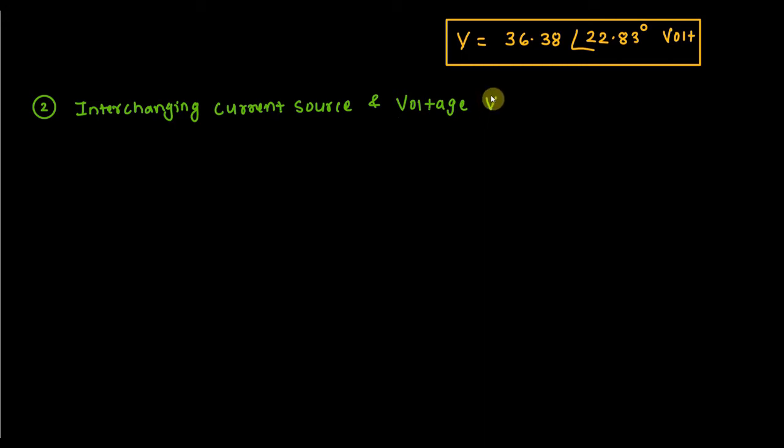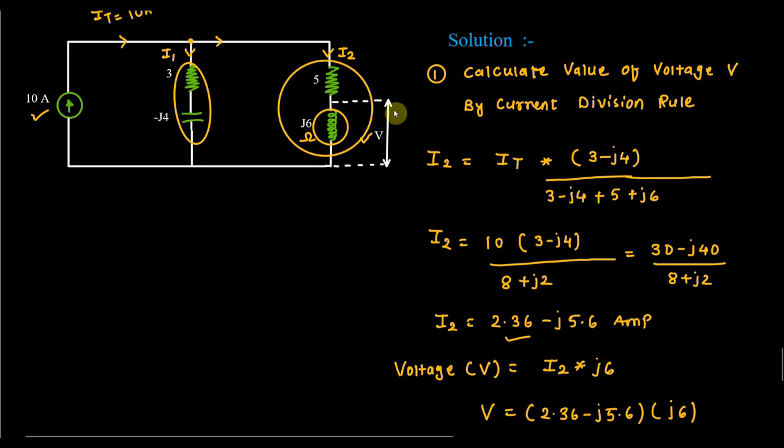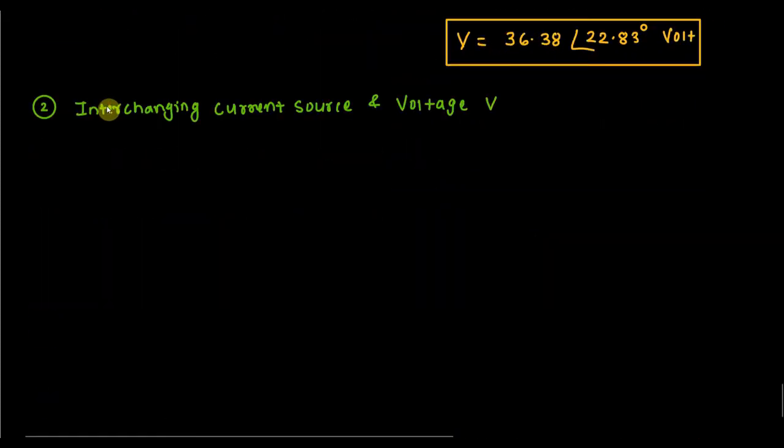And when you interchange that, the diagram will be like this. Means instead of that voltage, there will be the current source, and instead of that current source, there is a voltage V. Fine. So the diagram will look like this.